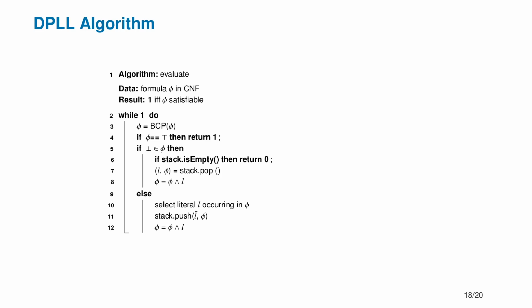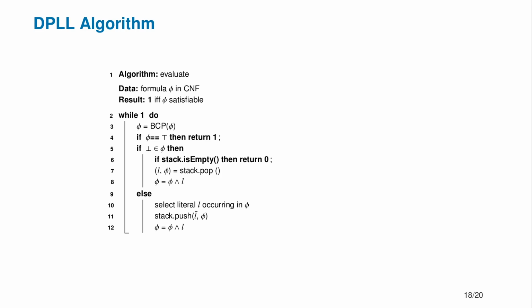So we first of all have an infinite loop, and we do not implement a recursive algorithm, but a non-recursive solving algorithm. And when we enter the loop, we first perform UCP until fixed point, so we apply UCP until there is no unit clause left.